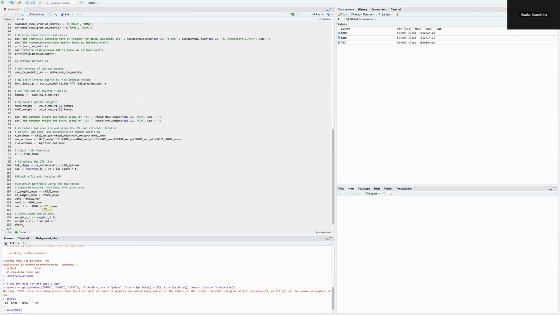Now the return of portfolio A will be the weight of A1 times R1 sample mean plus the weight of A2 times R2 sample mean.